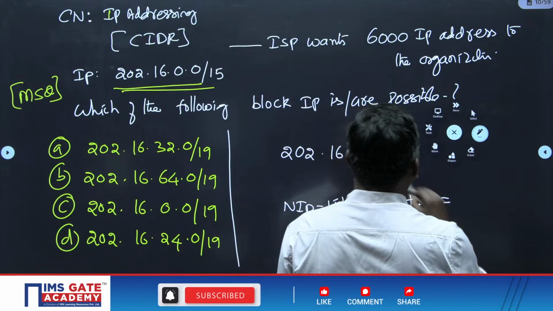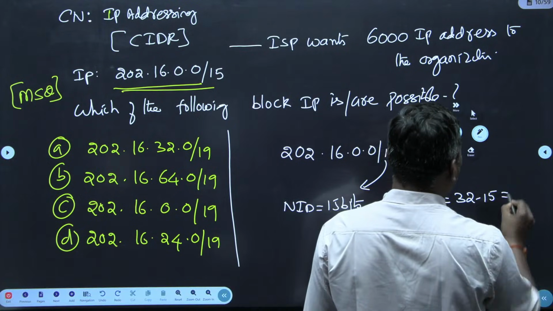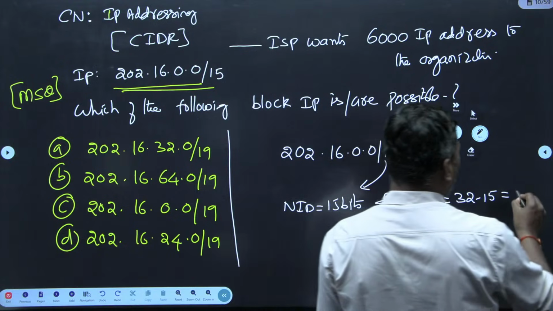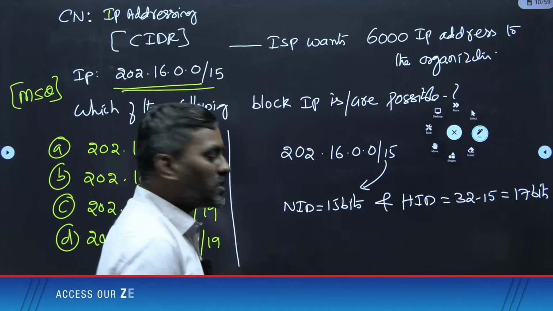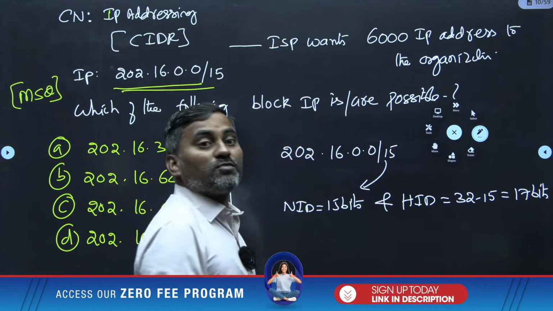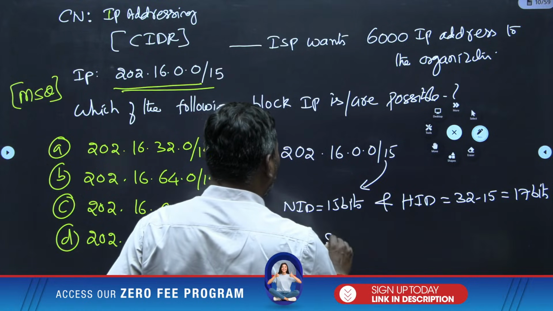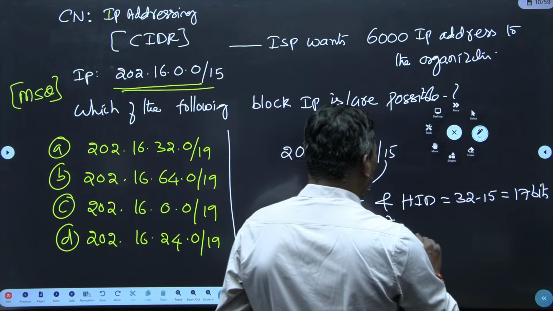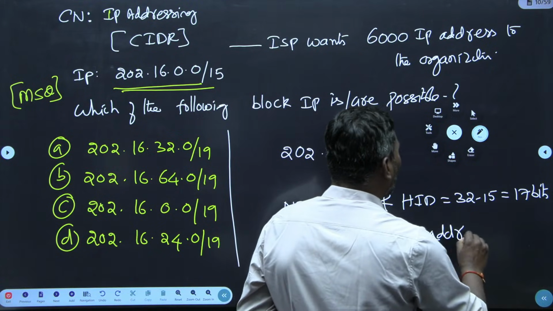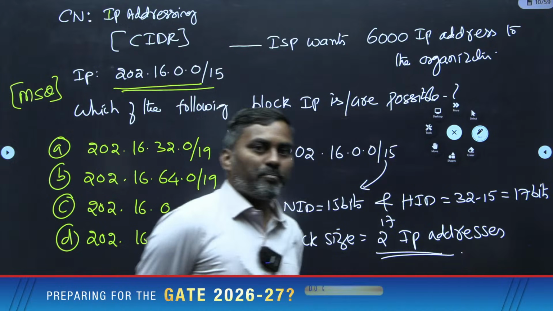The host ID part is the remaining 32 minus 15, which is 17 bits. So this person purchased from the ISP a block size of 2 power 17 IP addresses, correct or not?